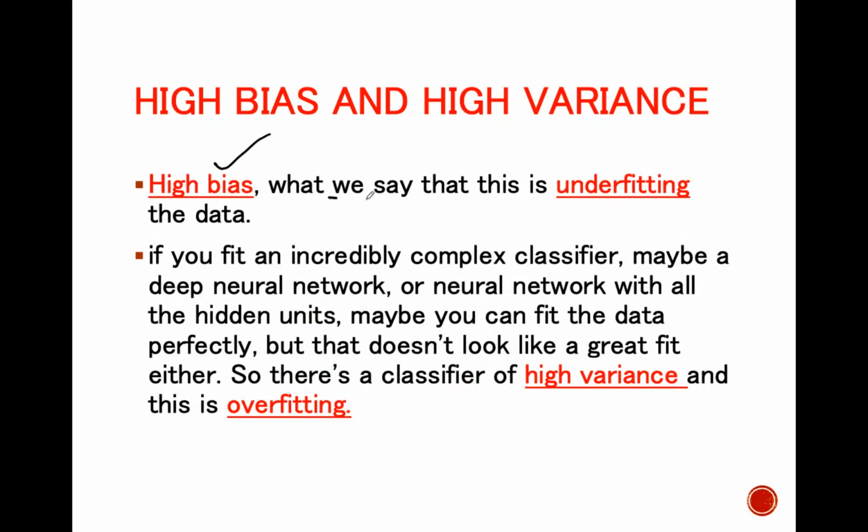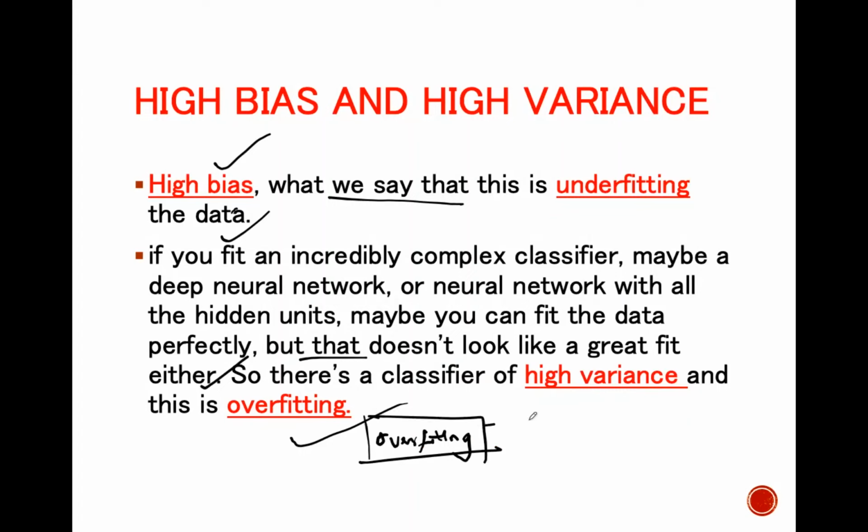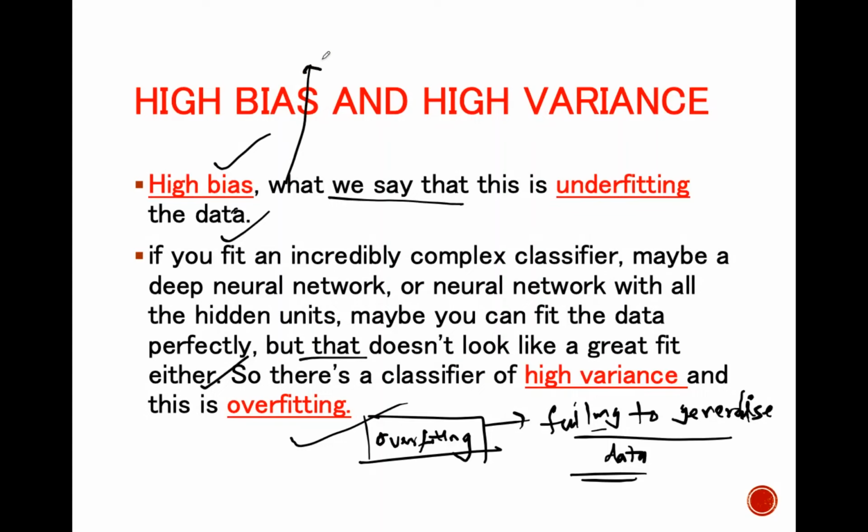High bias, we say that the data is underfitting. If you have an incredibly complex classifier, maybe a deep neural network with many hidden units, you can fit the data perfectly, but it does not look like a great fit either. This classifier is called high variance, and it leads to overfitting. Overfitting means failing to generalize the data, and underfitting is related to high bias.